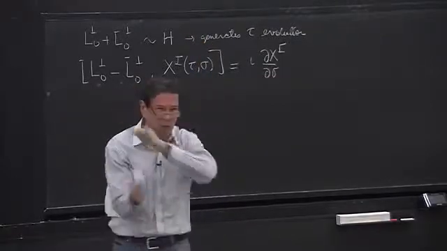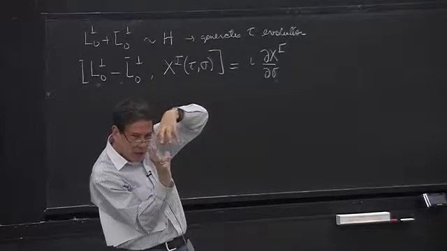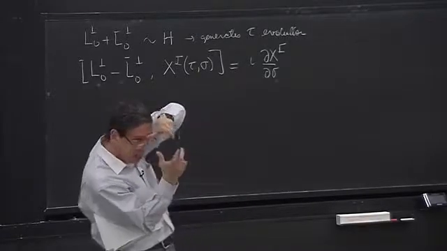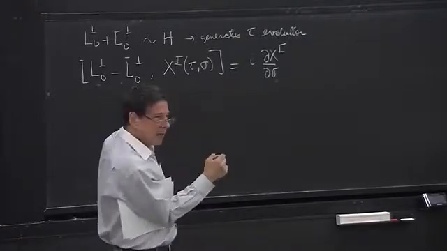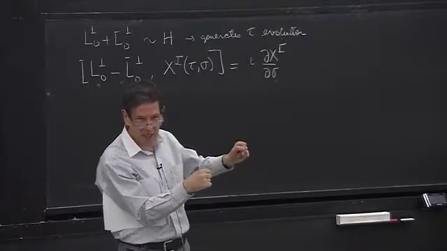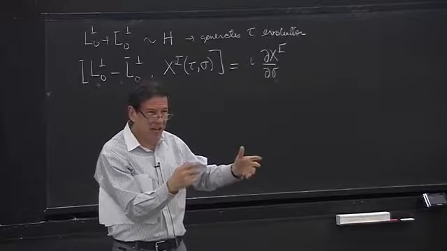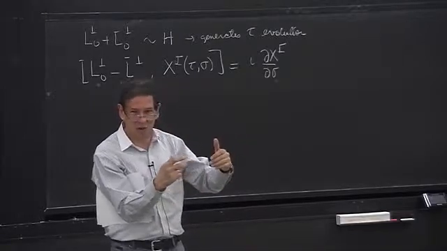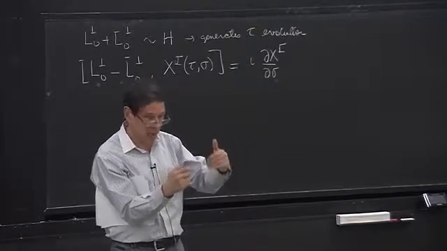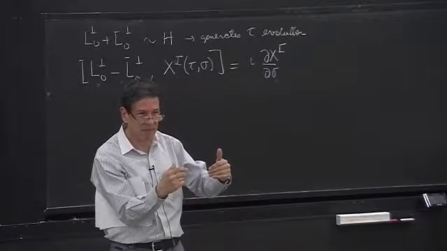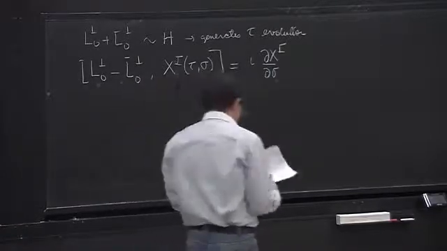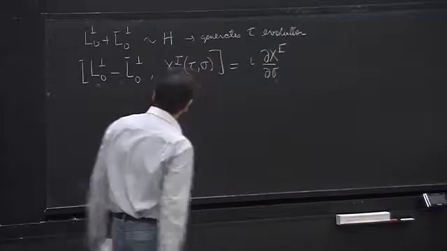Momentum in space-time is p mu. Momentum in the world sheet is a generator that generates sigma translation. So L0 minus L0 bar is world sheet momentum. At the end of the day, all states of the closed string must have 0 world sheet momentum. So, state space.